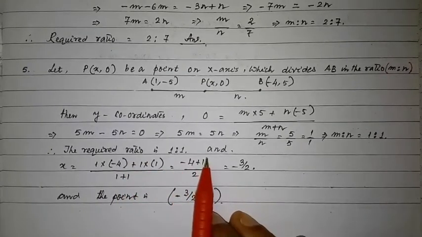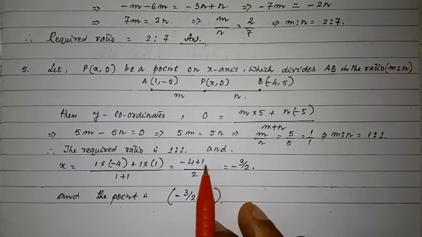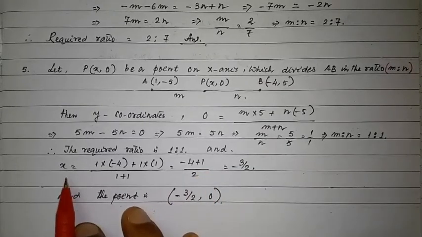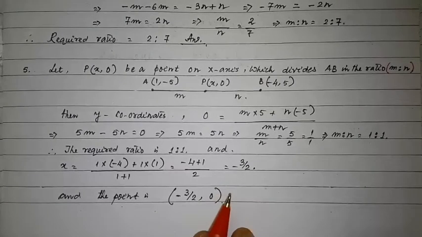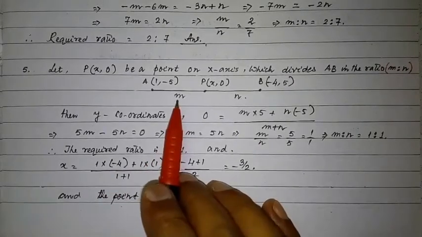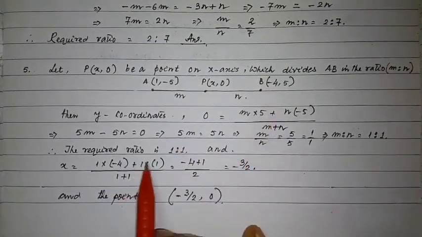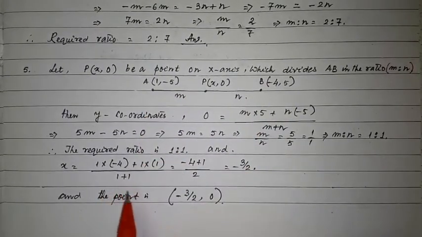Now, there is one question associated with this. Find the coordinates of the point of division. That is, what is the x coordinate? Now, x is equal to, using (mx2 + nx1)/(m + n). We know that m and n both are 1 and 1. So, 1 into minus 4 plus 1 into 1, by 1 plus 1.